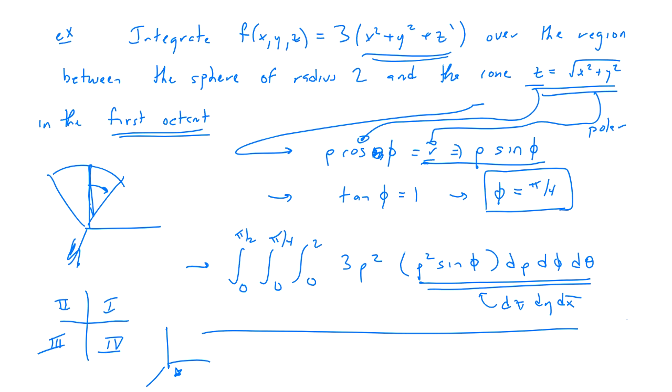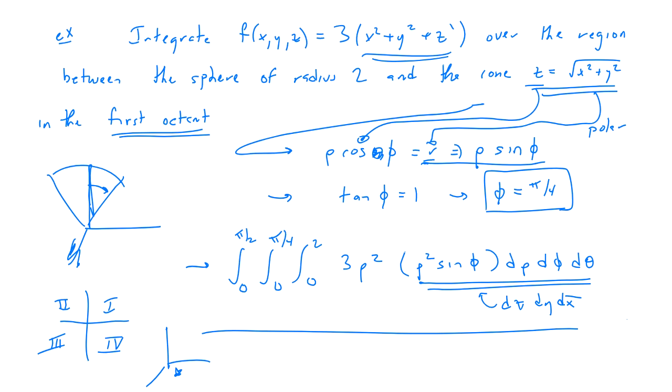So you use cylindrical coordinates when your projection is circles. And I think I'm going to do one in a second. Yeah, I'm looking at my notes, and I'm going to do one of those in a second.